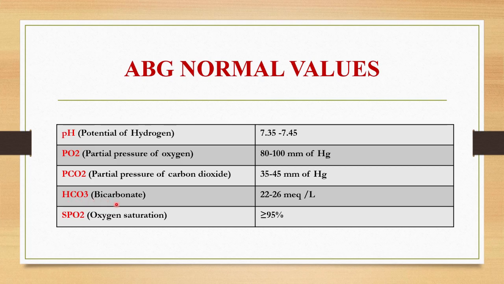This is the byproduct of our body's metabolism, and the normal value ranges from 22 to 26 milliequivalent per liter. The last one is SpO2, oxygen saturation, and the normal value is greater than or equal to 95%.